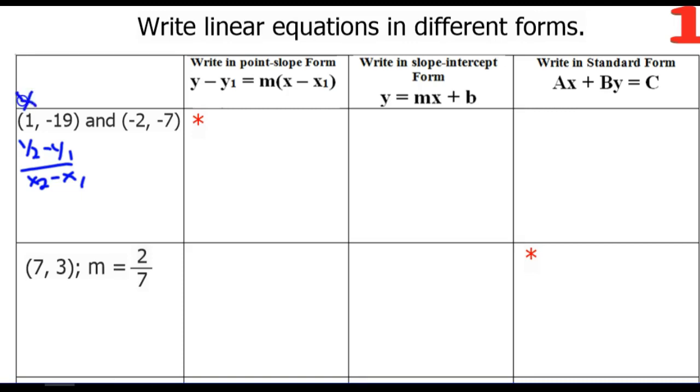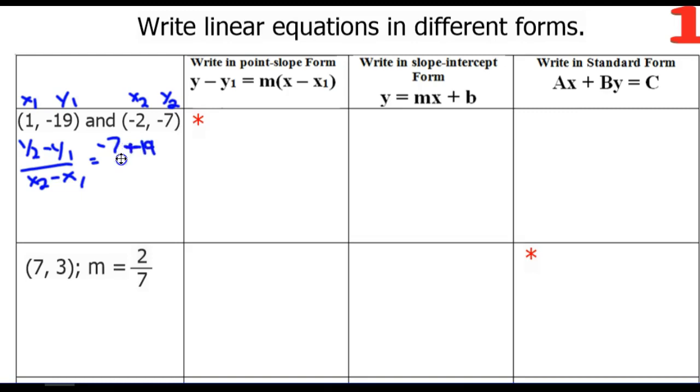Our x1 is 1, our y1 is negative 19, our x2 is negative 2, and our y2 is negative 7. So y2, negative 7, minus a negative 19.